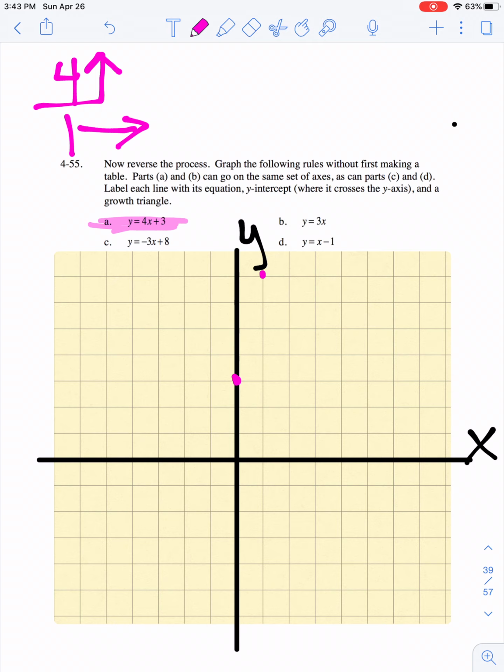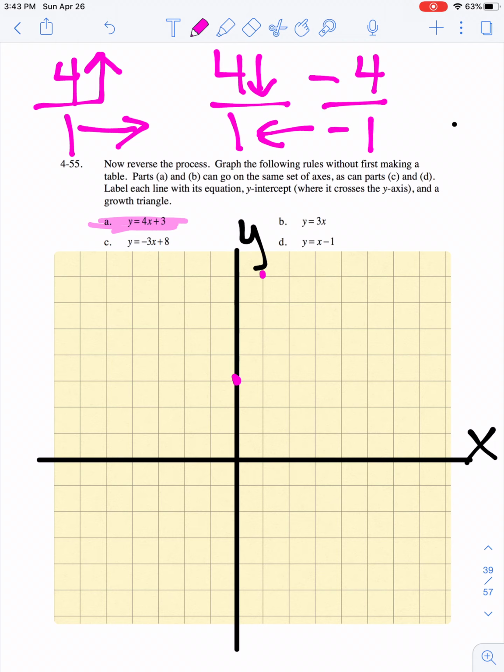Now, if I wanted another point, I'd have to go the opposite direction. I'd have to go down 4 and left 1, because what do we know about down? It's negative. What do we know about left? It's also negative. So a negative divided by a negative gives me that positive 4. So down 4, that's 1, 2, 3, 4, left 1 is going to give me that point there.